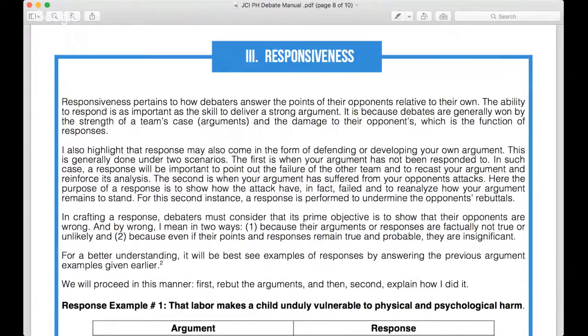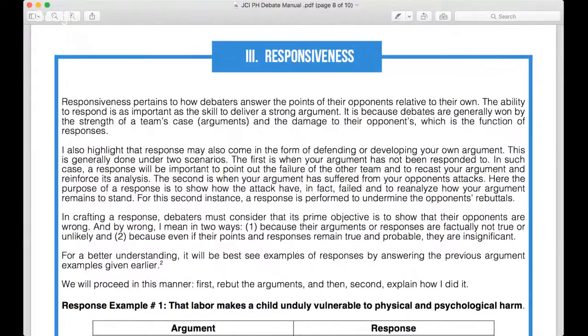At the same time, the second instance of responding is to undermine the opponent's rebuttal. Here you can point out how the rebuttal was ineffective, or how the rebuttal of your opponent wasn't relevant in the debate.